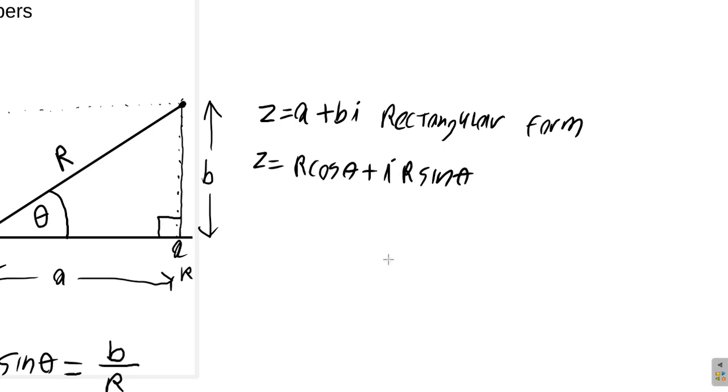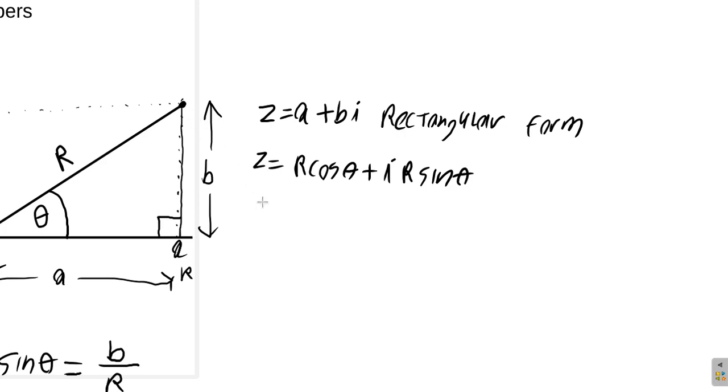Now what is R? Now in this case, R will be equal to the magnitude of the complex number, right?